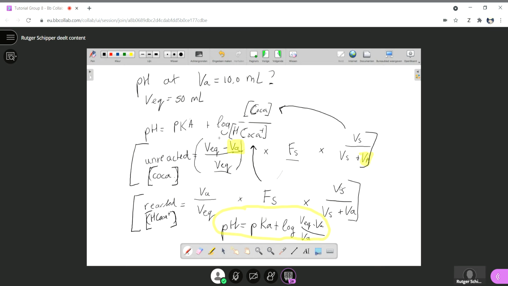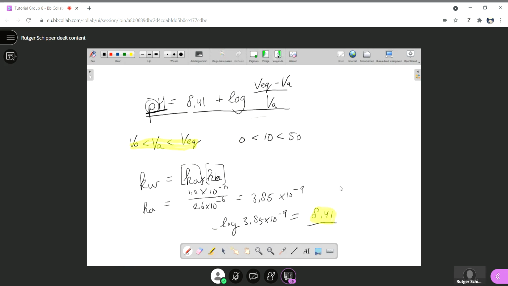So do you guys all know how to calculate the Ka if you have the Kb? I'm not really sure what the previous assistant already instructed you, so we can briefly discuss it.